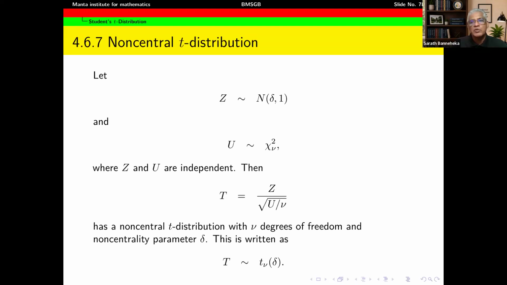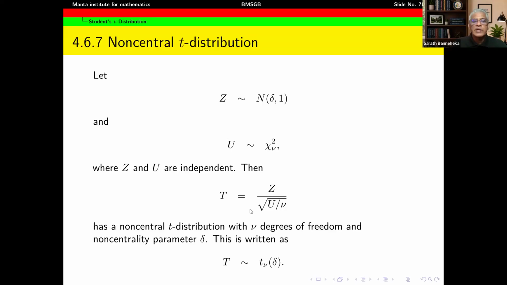This delta can be a positive value or a negative value, but non-zero, and variance 1. So suppose Z has a normal distribution with mean delta and variance 1, and U has a chi-square distribution with nu degrees of freedom, and in addition, Z and U are independent.